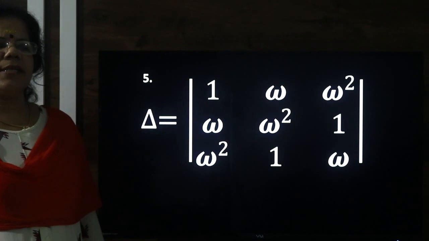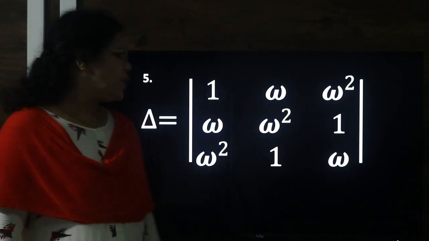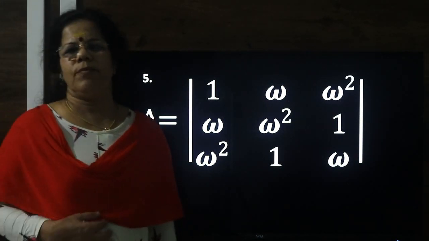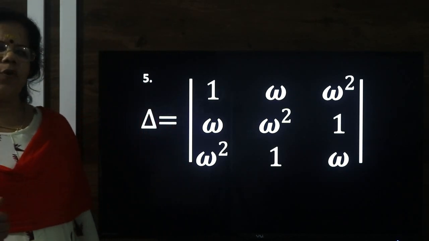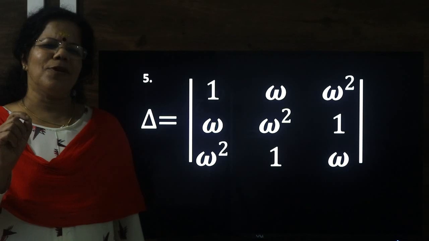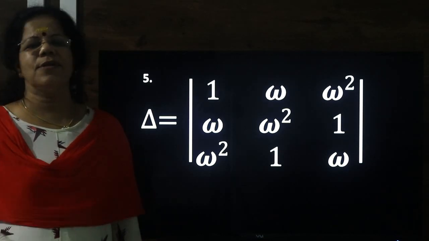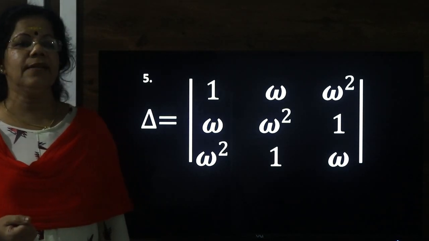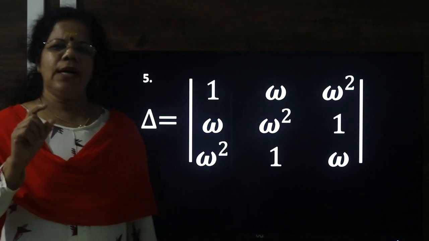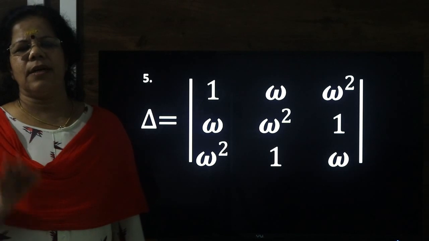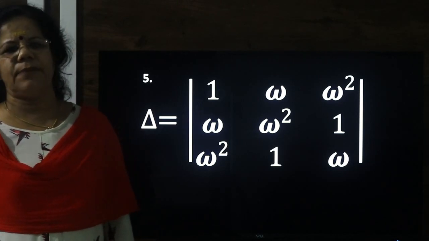Now let us see the next one, which is delta equal to the determinant 1, omega, omega square, 1, omega square, 1, omega. Now see, what is this omega? For this problem, we should recall something we learned in the lower classes. Here 1, omega, omega square are the 3 cube roots of unity.